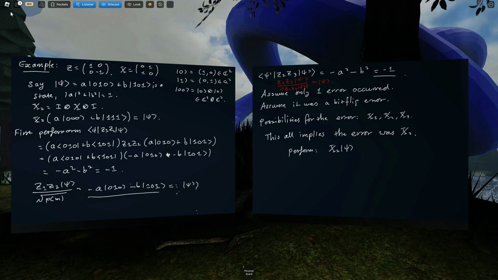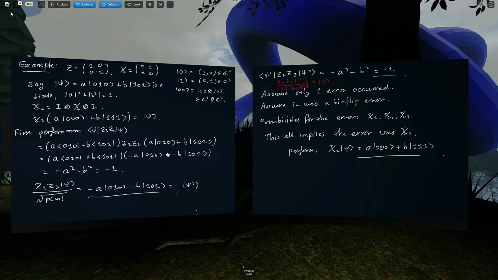So now we can just perform x2 psi, and this will recover our vector that we wanted. Okay, so that's an example of an algorithm being performed that does error correction for you in a very simple context.